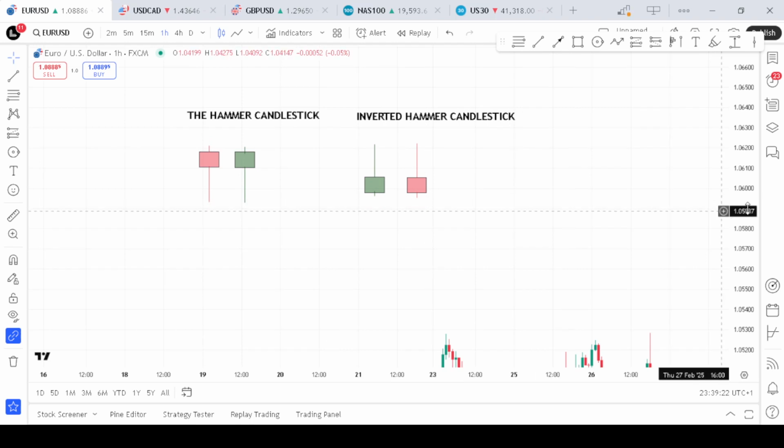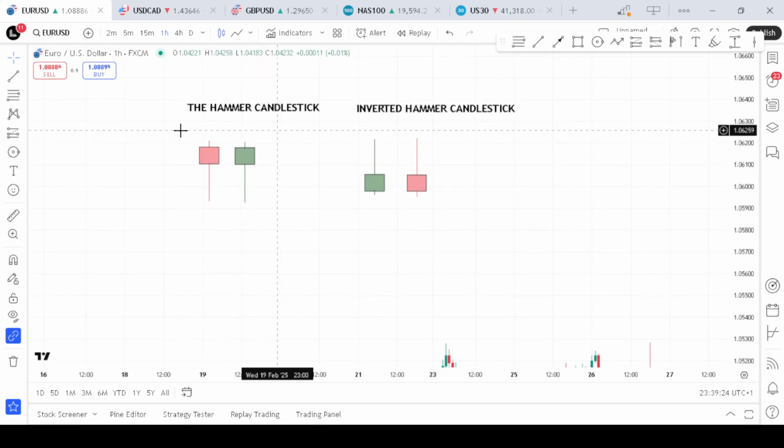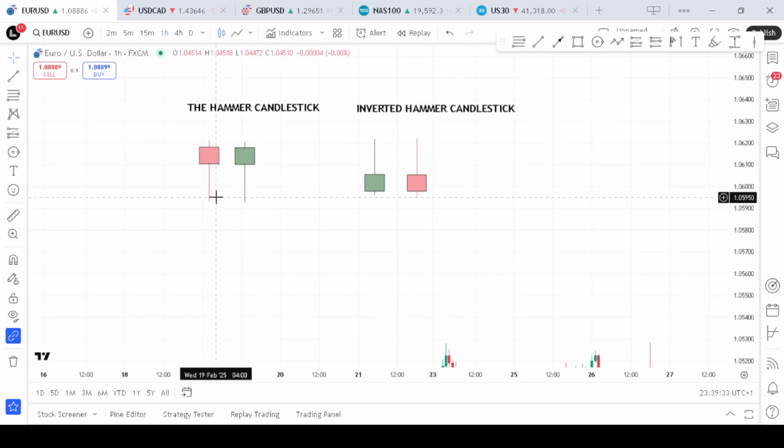Now we talk about the reliability of each of these patterns. The hammer is more reliable because it is considered to show immediate buying strength. A strong close above the hammer body often confirms the reversal. So once we see the hammer candle and a strong next candle that closes above it, that is a strong confirmation that price is going to reverse to the upside.